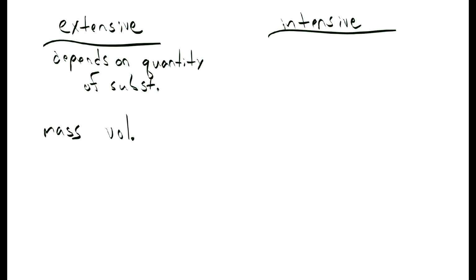Now, by contrast, an intensive property does not depend on quantity. Okay? So it's independent of how much stuff you have. So, for example, temperature is going to be independent of the amount of material you have. Color is going to be independent. Density.